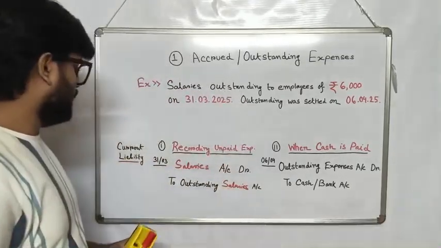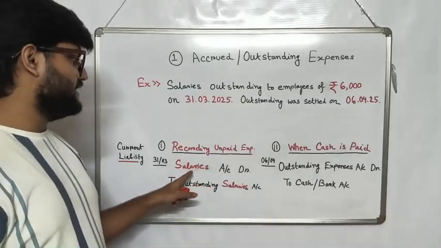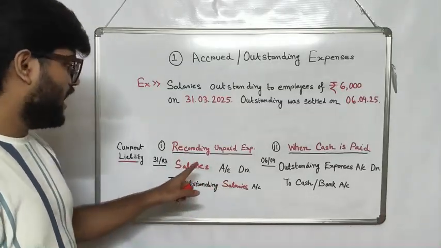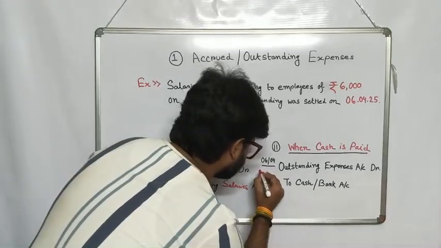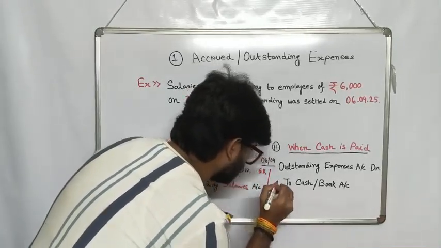Salaries account debtor to outstanding, again here outstanding salaries. So at 31st of March 2025, the journal entry is salaries account to outstanding salaries, that is rupees 6,000 each.